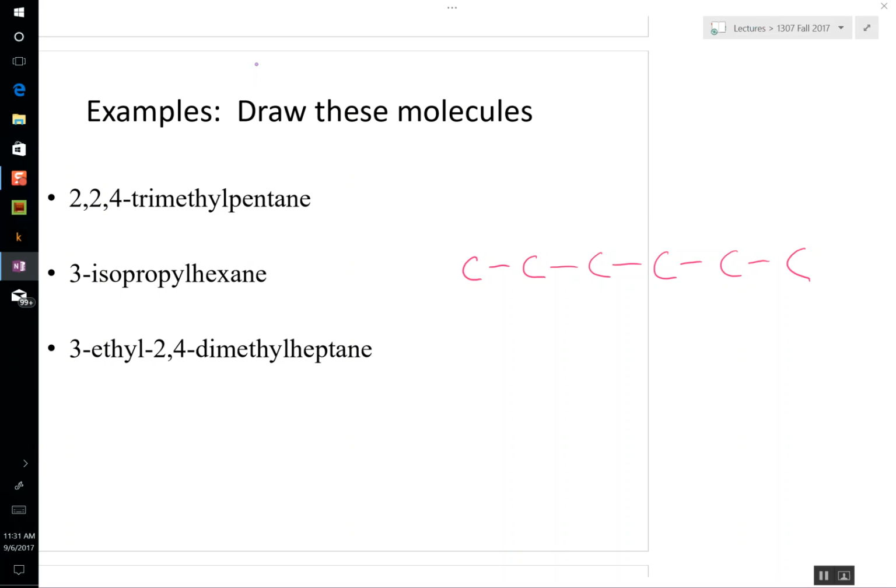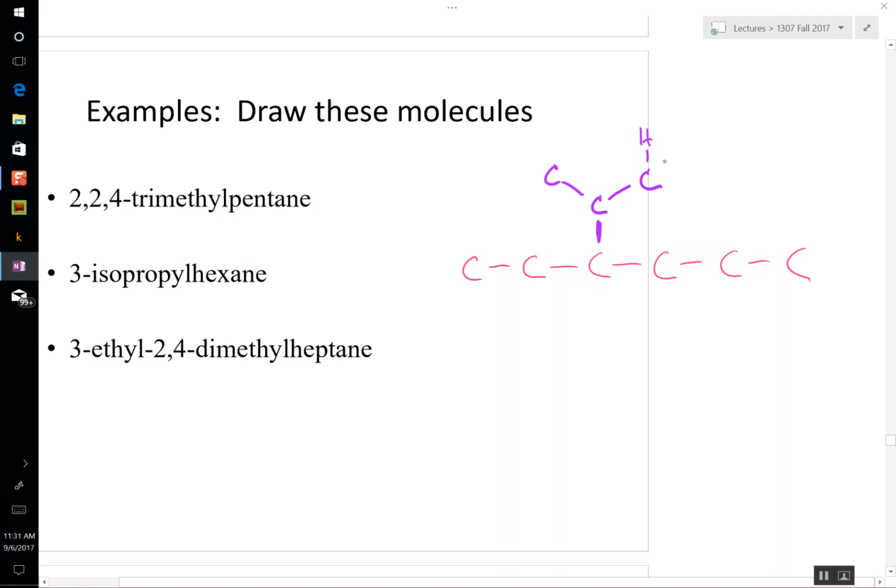Okay, so there's hexane, 6 carbons long. So on the 3rd carbon, you're going to put an isopropyl group. And this is why in chapter 10, I do want you to put all the hydrogens.